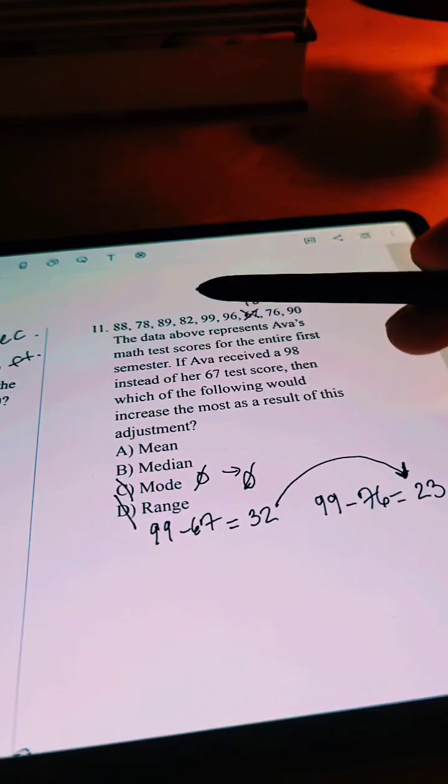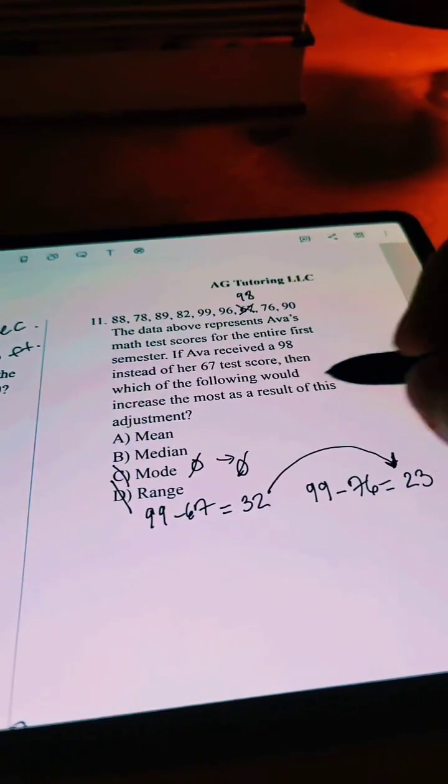Median would be, okay, I have to put the numbers in order from least to greatest.